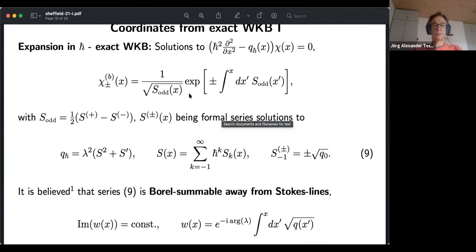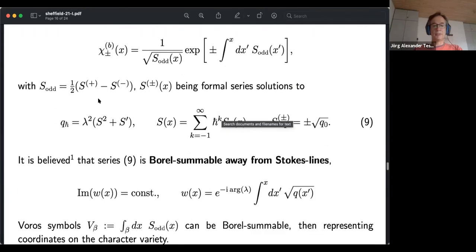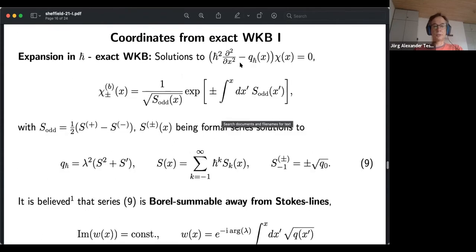You represent it as the exponential of an integral over a function S_odd, which is defined from the solution to the Riccati equation, taking the potential Q_ħ, which appears in the differential equation, as the input data, and the output of the solution to this equation would be the unknown function S.